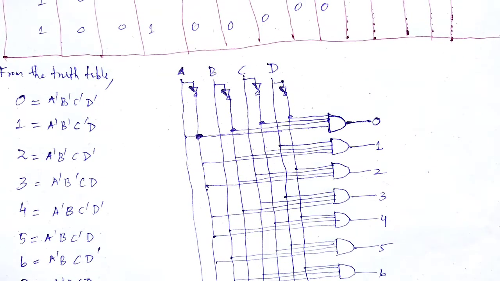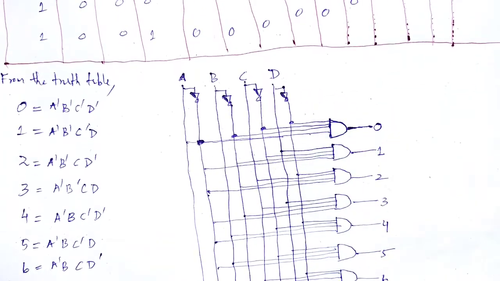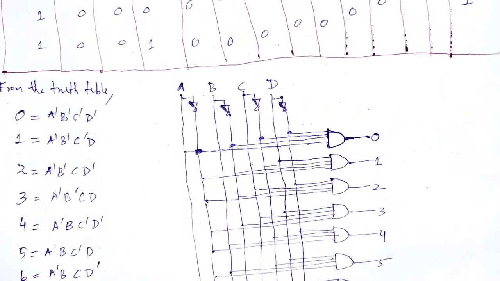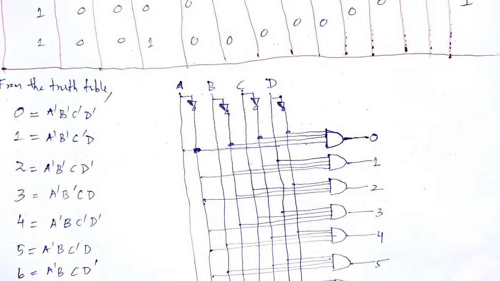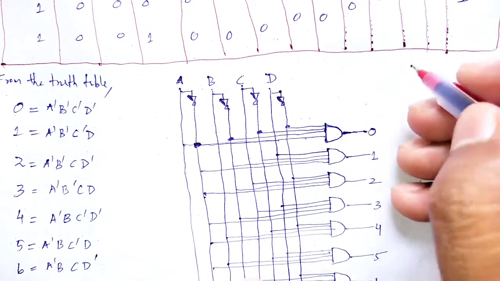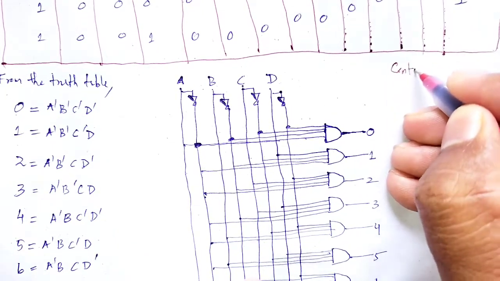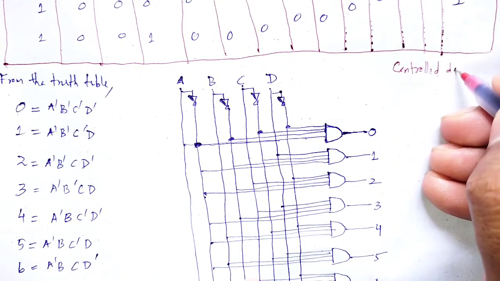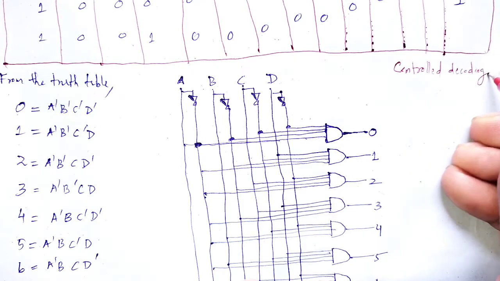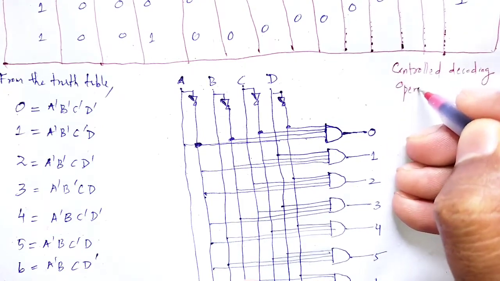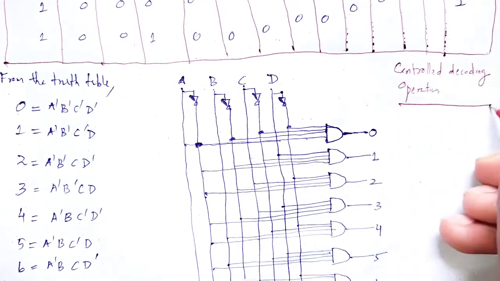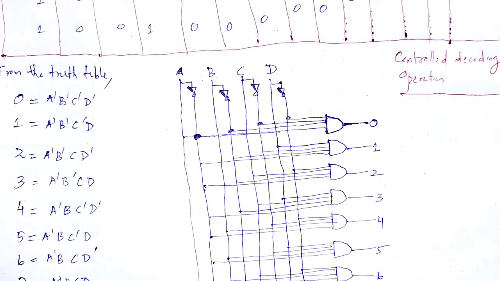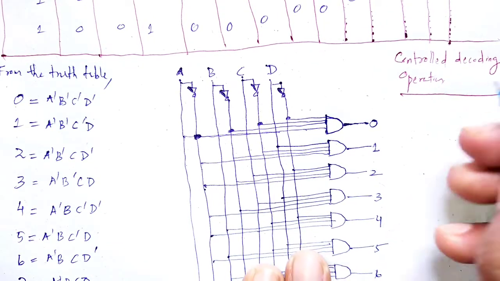For that, we use an additional line for the controlled decoding operation.